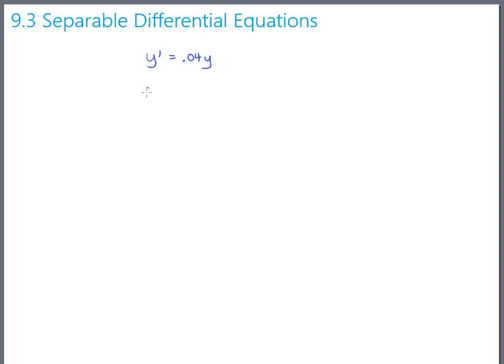So let's write Leibniz notation, dy dx equals 0.04y. And let's separate this thing. So I'm going to divide both sides by y.